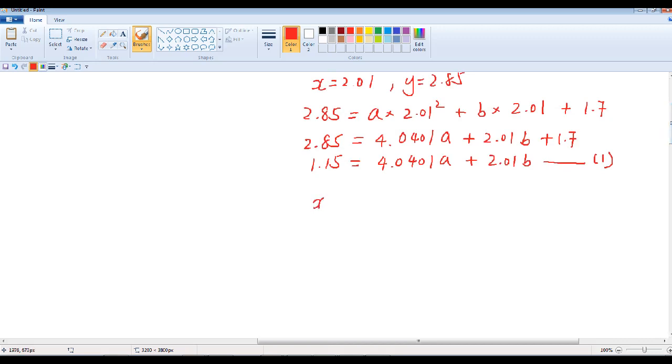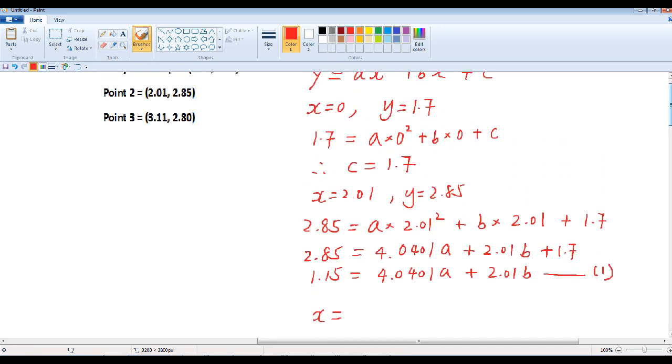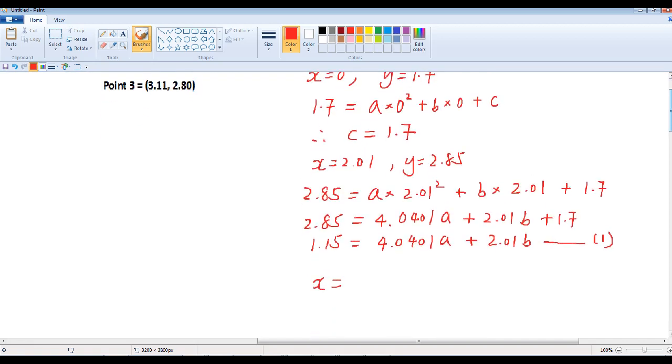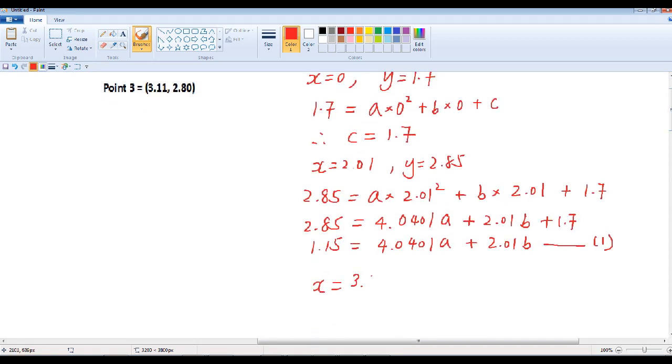Another equation. We use the other data set. X equals 3.11 and y equals 2.80. So what happens to this one?